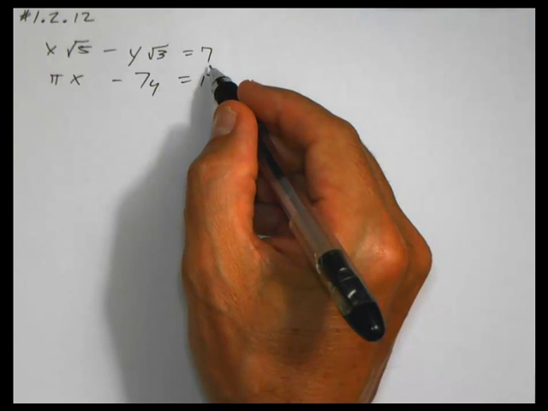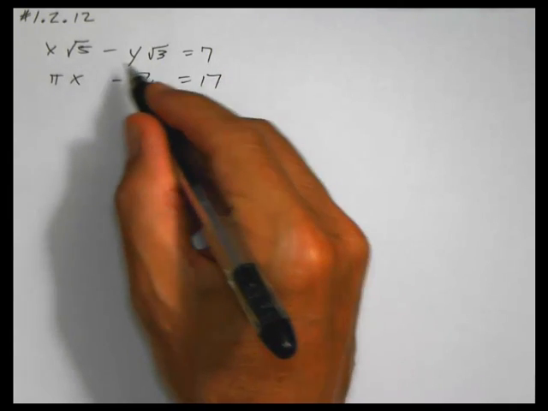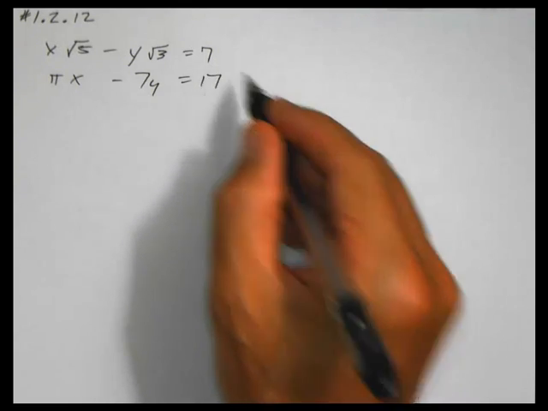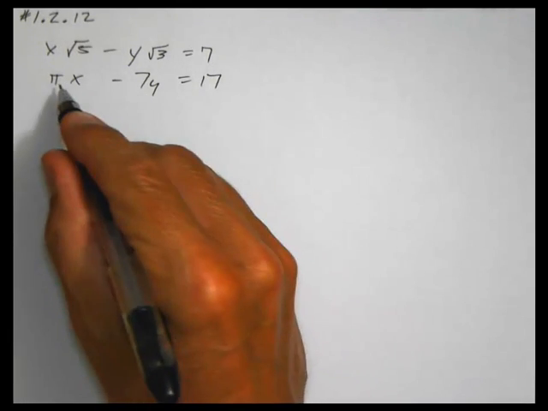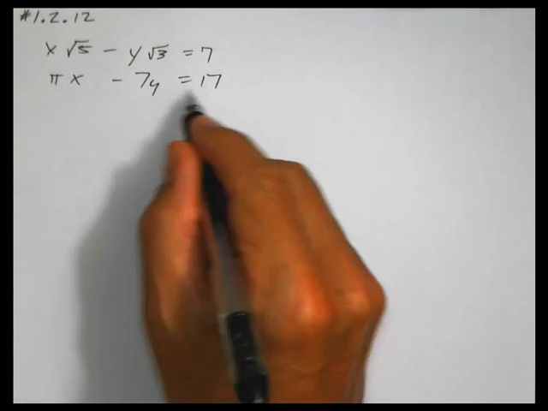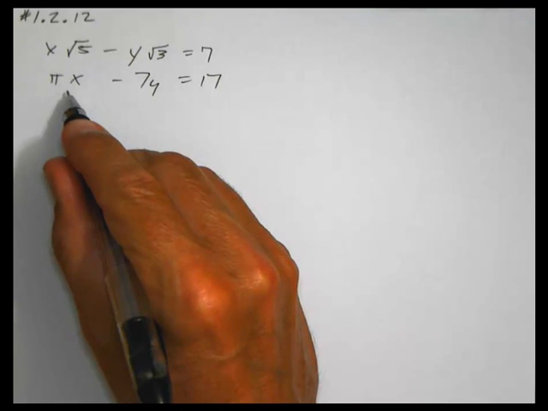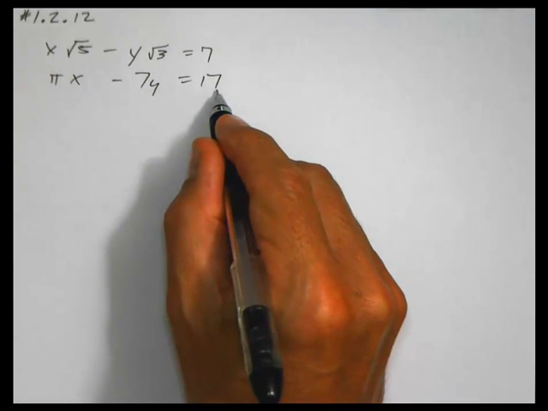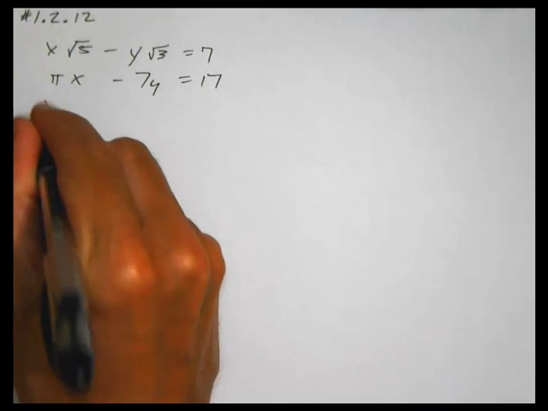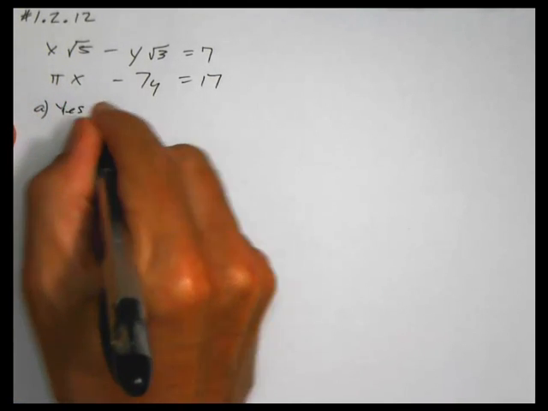So this first equation has the form ax plus by equals c, linear equation. Okay. The second equation, here's this pi here, but pi is just another constant. So this equation also has the form ax plus by equals c. It's a linear equation also.